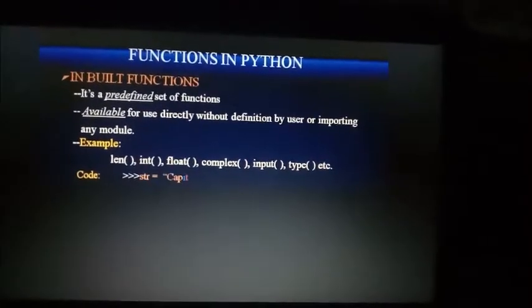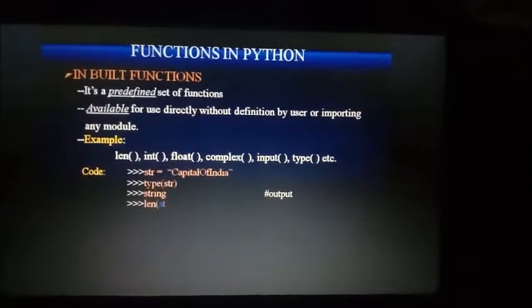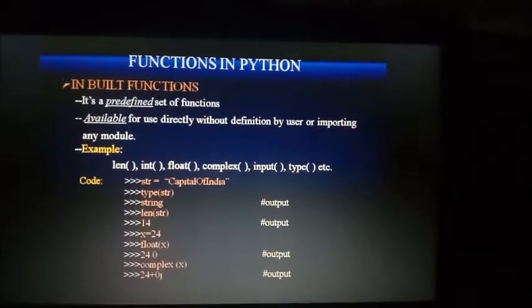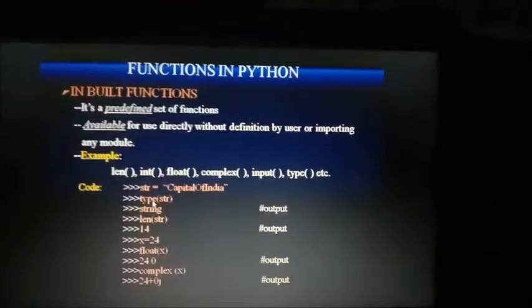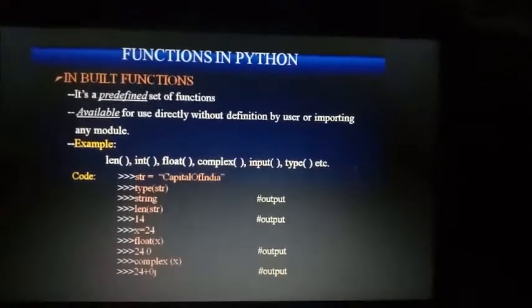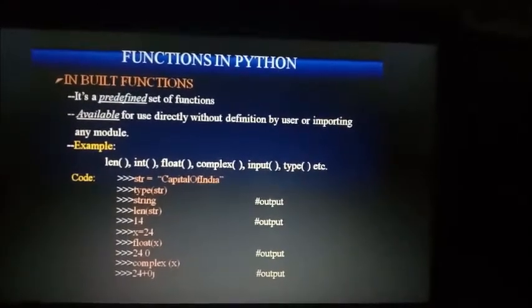Some examples have been given, like len, int, float, complex, input, type. These are some examples of inbuilt functions. Let's see a code where these functions have been used and how they can be used.